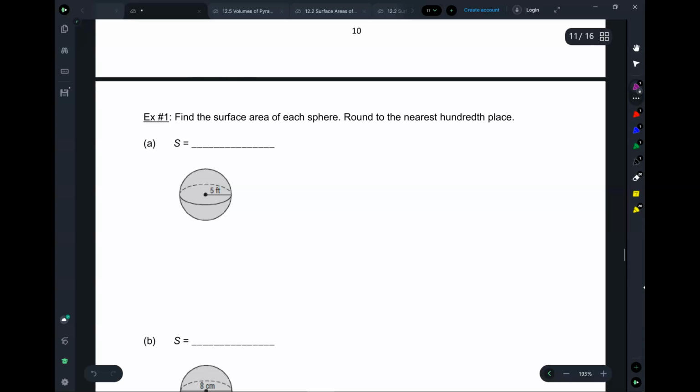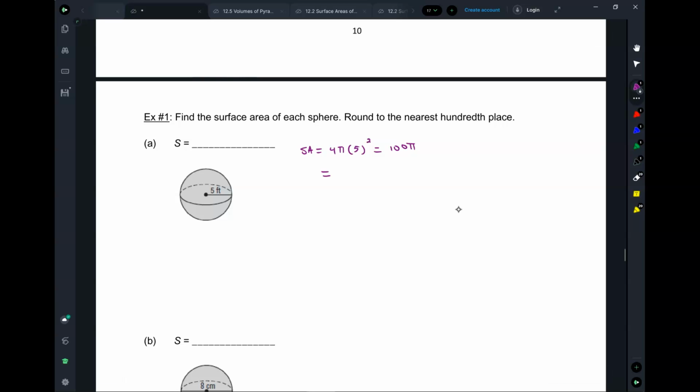I know it's a bad question to ask, but does it get harder? No. It would be 4 pi times 5 squared. So this is 100 pi, right? I don't even need a calculator for this, because 3.14 times pi is 314.16 square feet.